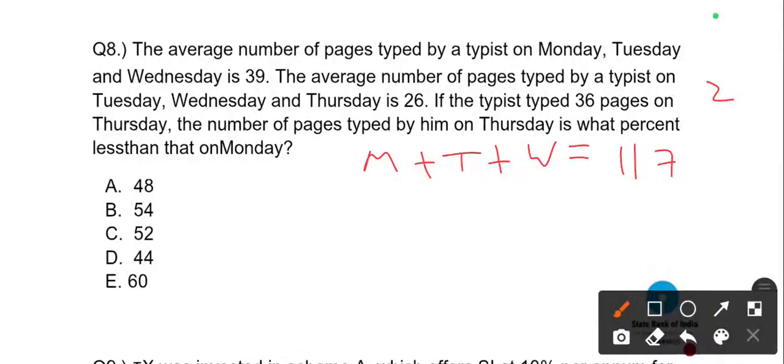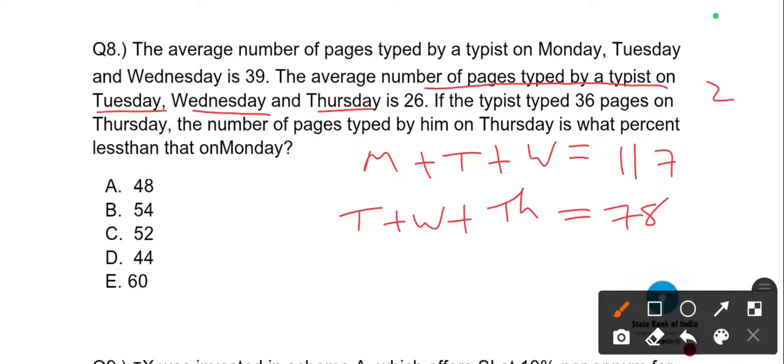Okay, the average number of pages typed by the typist on Tuesday, Wednesday and Thursday is 26, so 3 times 26 is 78.